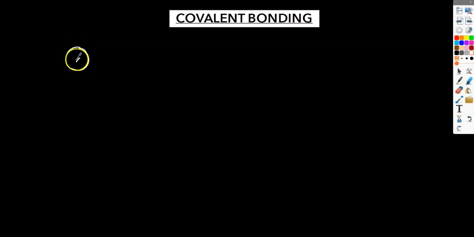So suppose we have an atom whose electronic configuration is 2,7, and we have another similar atom which again has electronic configuration 2,7, with 7 in its outermost or valence shell, right?